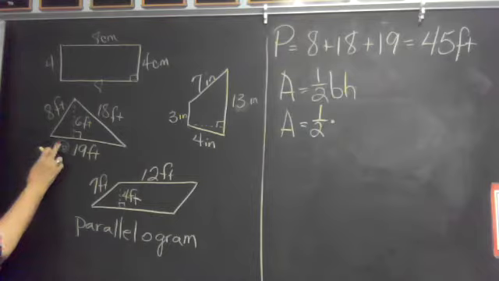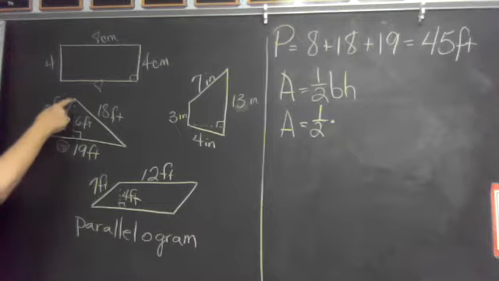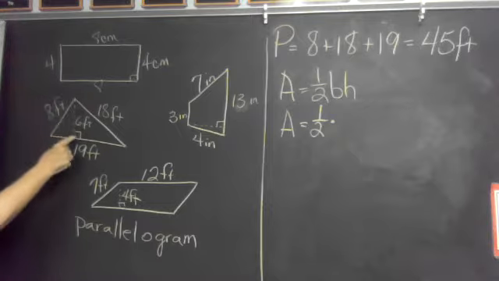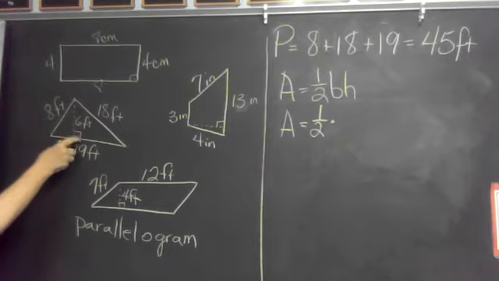While I'm here, you have to be very careful on triangles because the height can't be this. It has to start at the top and it has to be perpendicular to the base. The height is always perpendicular to the base.